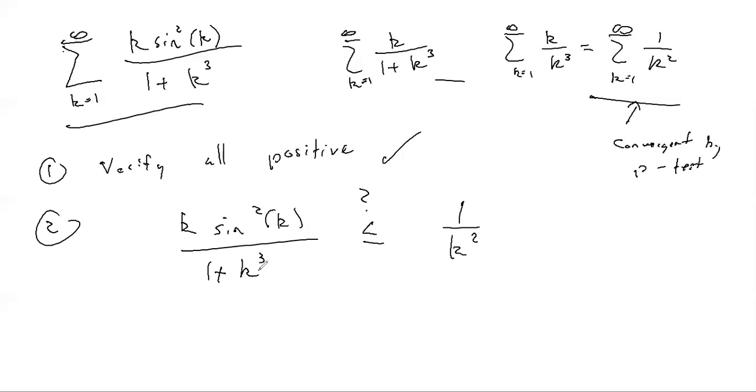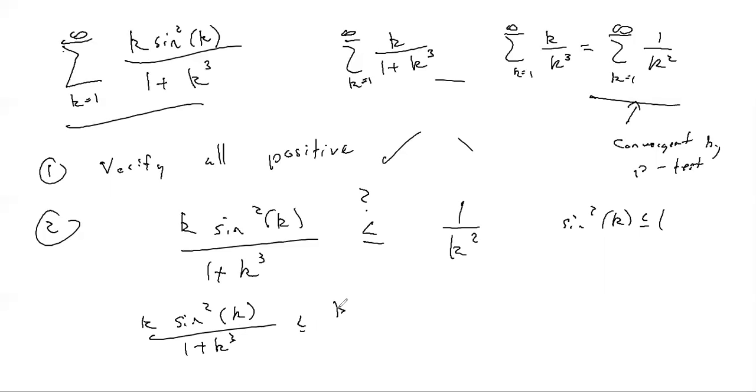What do I know about sine squared? Sine squared is always less than or equal to 1. Okay. So this whole thing, I know that's less than or equal to k times 1, which is just k, over 1 plus k cubed.